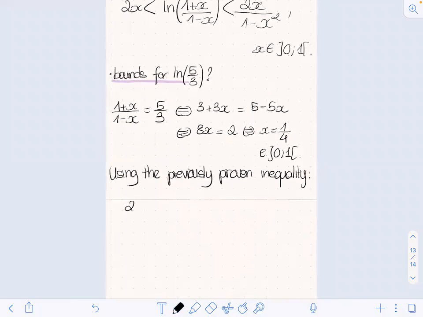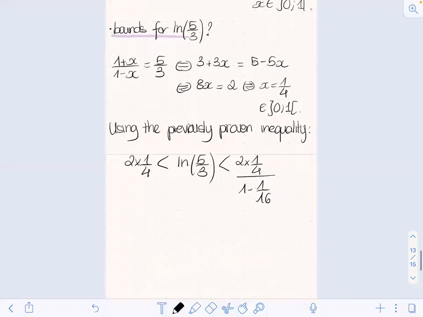We get 2 times 1 over 4, so 1/2, smaller than logarithm of 5 over 3, smaller than 2 times 1 over 4 divided by 1 minus 1 over 16.